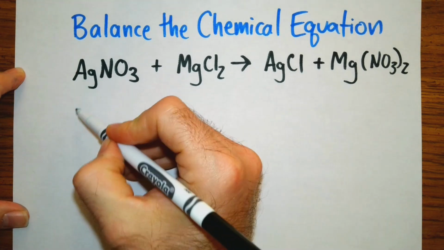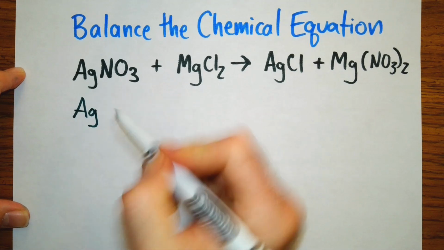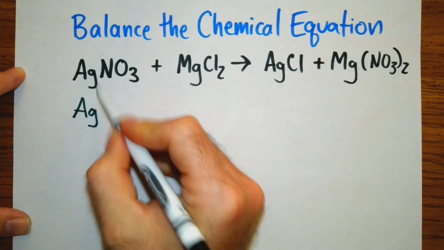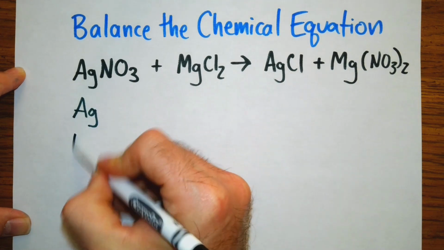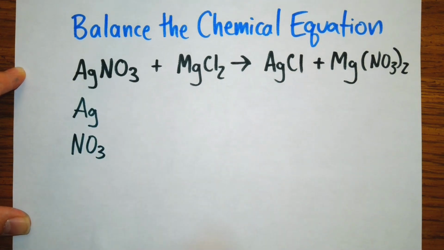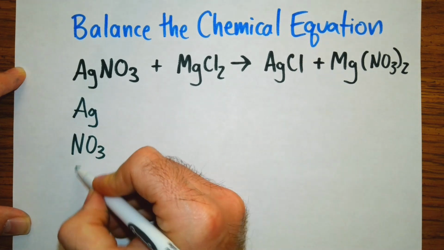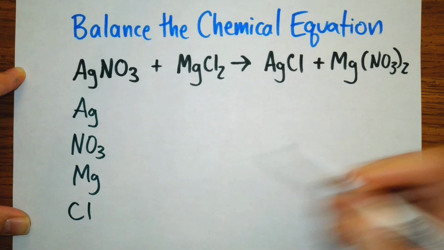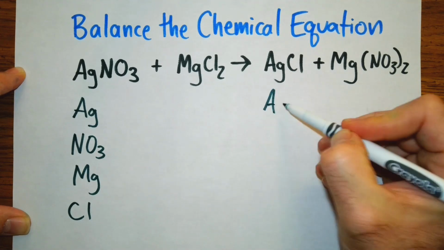And so what I do for this also, I'm going to put the different elements listed over here. So we have our silver, NO3, I'm going to keep that group together. We have magnesium, and we have our chlorine. And then I'm going to write the same thing on this side of the arrow.